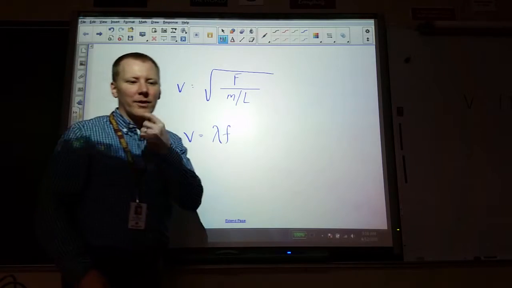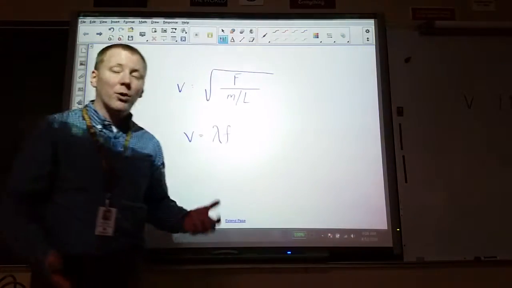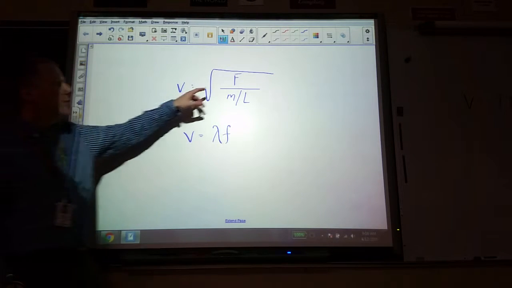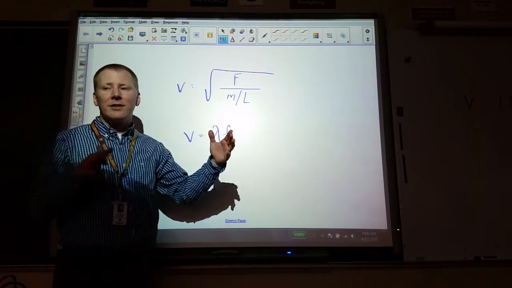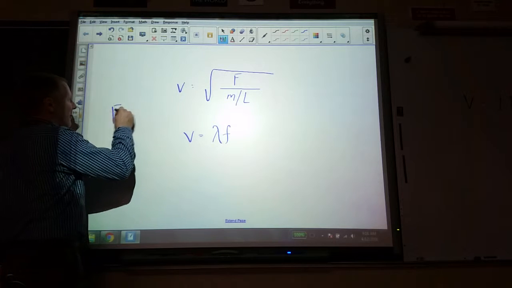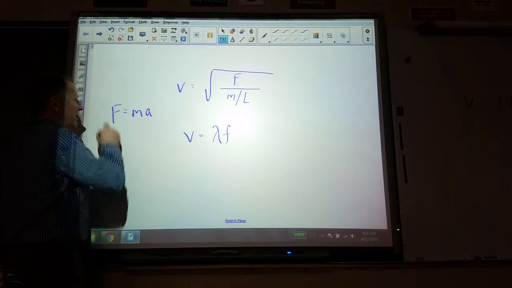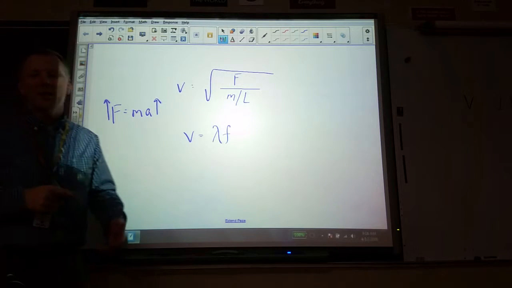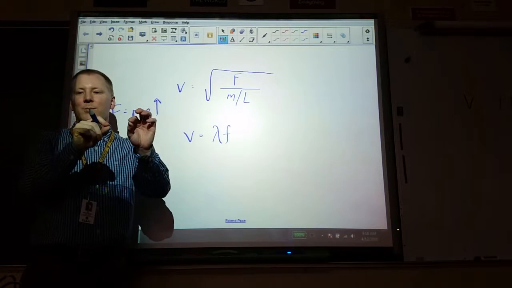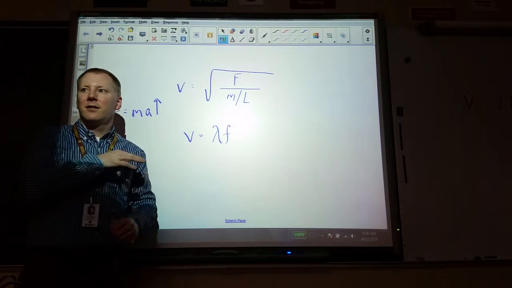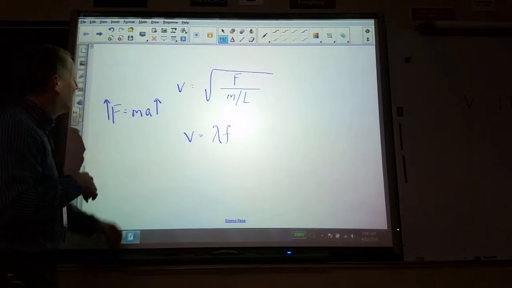We had, in your reading, you had questions about both of those. They were both related to Newton's second law. If you increase the tension, it increases the speed because F equals ma. If force goes up and mass doesn't change, the acceleration must go up. Essentially, each individual portion is pulling a little harder on the neighboring portion, which allows the wave to pass through it more quickly.